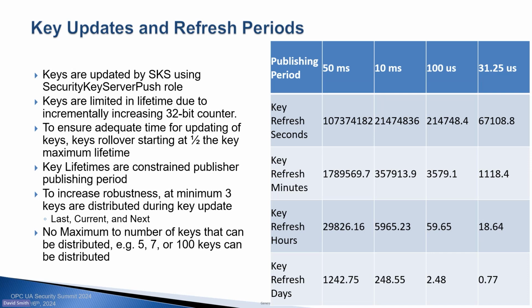Technically, the way that we usually do this for the update keys, that's what's specified, is you start with 3, which is the last key, just in case you have to reconstruct old messages, the current key, and the next key. You can, however, distribute more, say 5, 7, 10, 100. It's up to you. It's part of a configuration that a vendor would implement to make this robustness a value add feature for that customer.